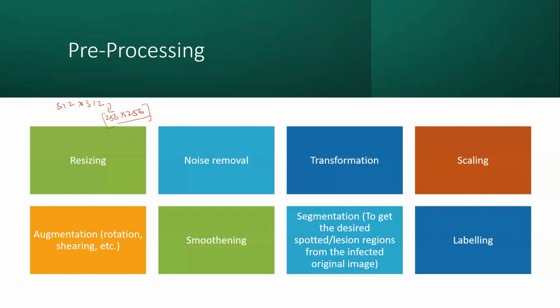In case you have high-end machines, then you can use the high-dimension pictures. Going from larger to smaller is easy, but smaller to larger is not correct. It will not reflect all the features as they are.